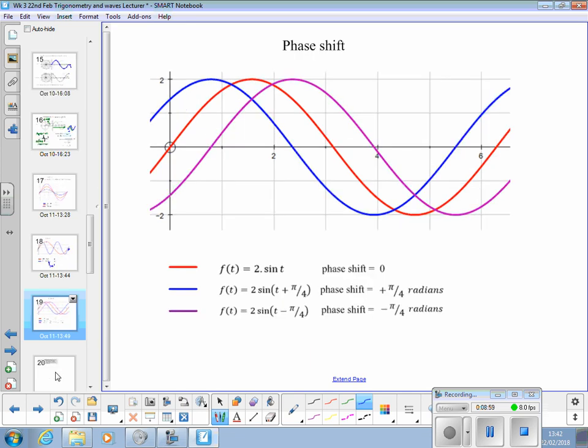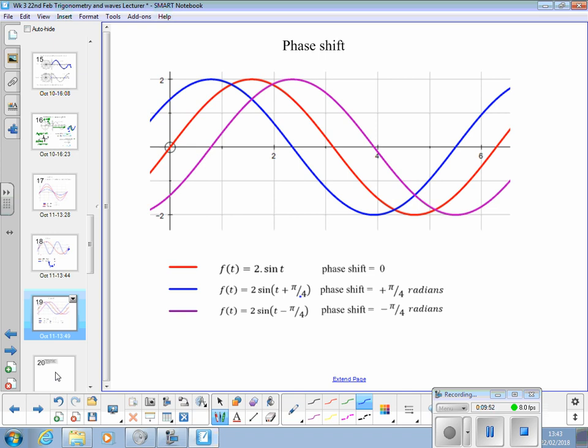And then this one, we're starting with the base function of 2 sine t. One has a pi over 4 radians, the red one.